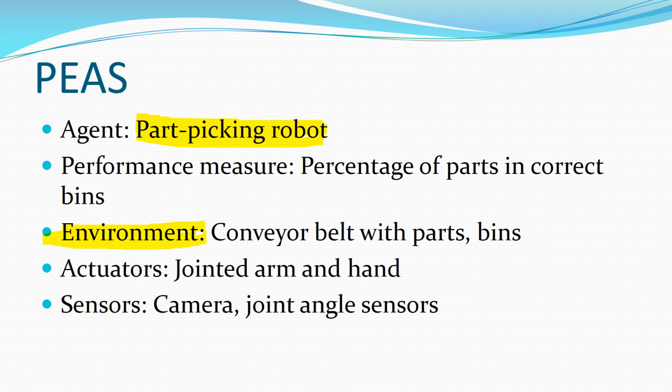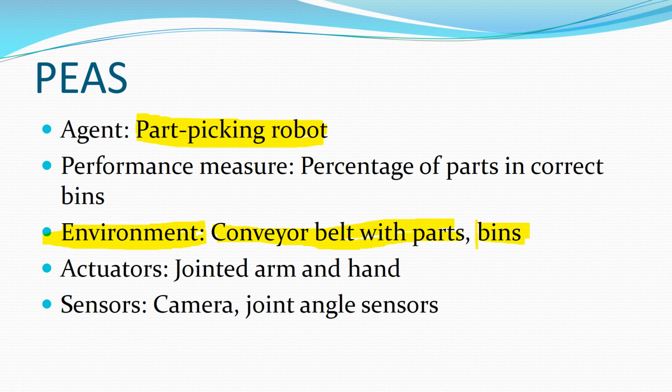In that case, in the factory, there are conveyor belts. On those conveyor belts, the parts would come after manufacturing. Now here, a robot is placed to pick up the correct part, and it has to deposit that correct part into the respective bins. So a conveyor belt with parts is there. Then correct bins are there which are arranged near this conveyor belt.